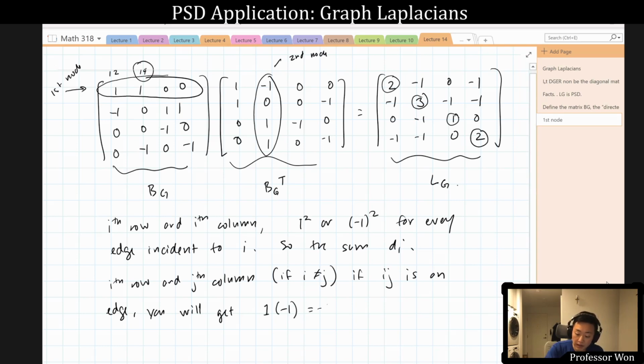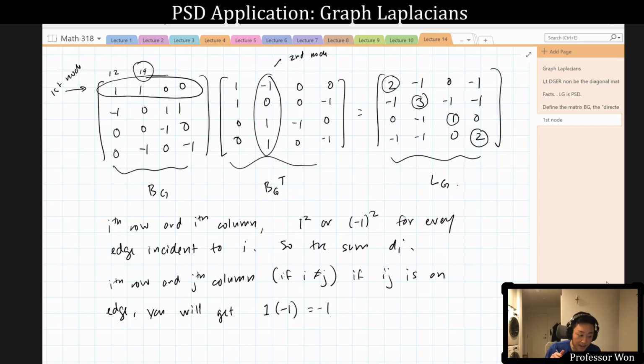You'll get -1, and everywhere else, you'll get 0. If ij is not an edge, you're going to get a 0 there too. So in other words, along the diagonal you get the degrees. Every other ij, you get -1 if there was an edge between i and j. You get a 0 if not, and that's exactly the definition of the Laplacian. It's the degrees along the diagonal and -1s representing all the edges. Okay, so that's a sort of hand-wavy proof, but hopefully you can see why from this example.